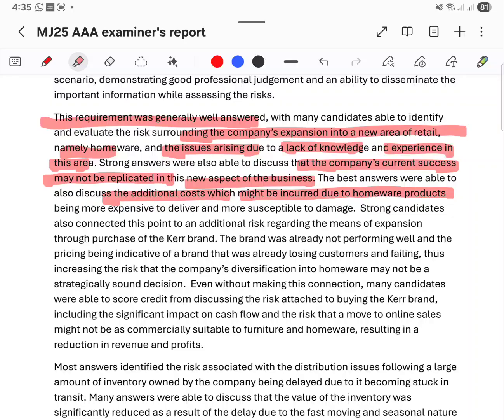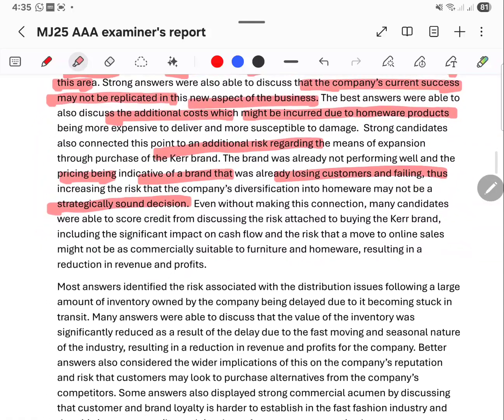Strong candidates also connected this point to the additional risk regarding the means of expansion, pricing being an indicator of a brand that was already losing customers, and questioned whether this was a strategically sound decision. Even without making these connections, many candidates were able to score credit from discussing the risk attached to buying the care brand.